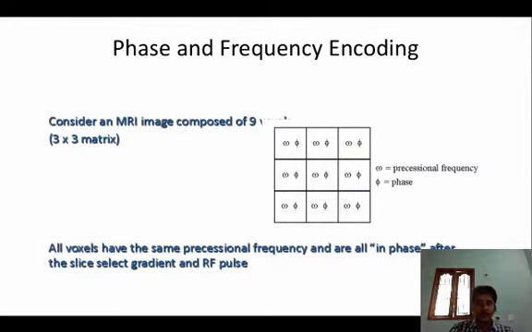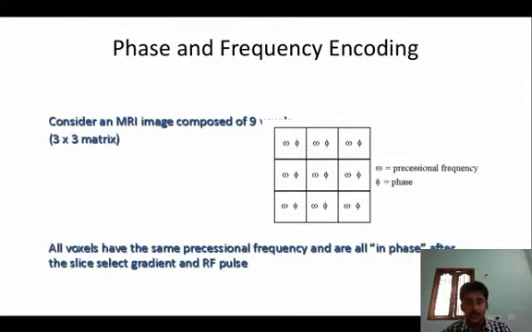So what is this phase and frequency encoding? Let us consider a slice of a human body which is present at a length L, along the Z direction, and we have an XY plane perpendicular to that direction, which has an X gradient and a Y gradient. Let us consider an MRI image here with a 3 by 3 matrix.